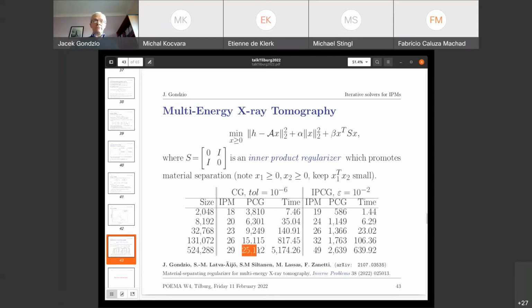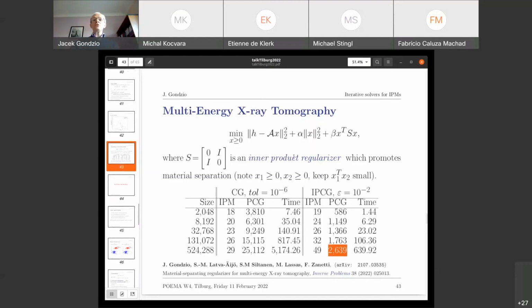You see, instead of 25,000, we would do 2,600, so it's about 10 times fewer iterations. And of course, this also leads to a significant reduction of the time. This is done in a paper published in Inverse Problems. I mentioned this problem originating from X-ray tomography, but we also use the same criterion in some PDE constrained optimization, and it also allows us to stop the Krylov method much earlier than if we went for the standard stopping criteria.